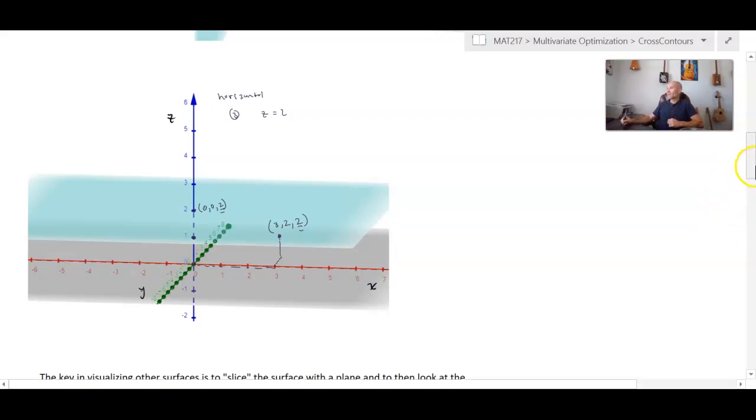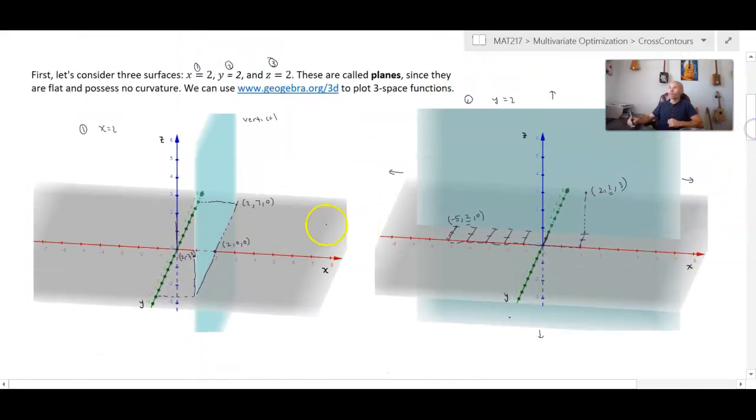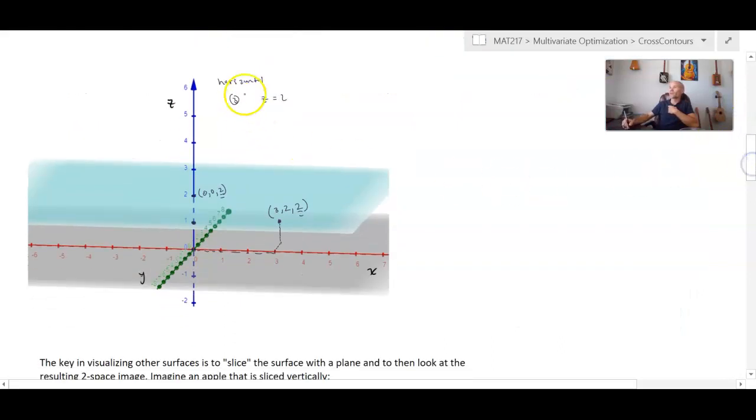So if we fix x, then we're going to get a vertical plane that is perpendicular to the x-axis. This graph here is going to be perpendicular to the y-axis. And the observation we can make here is that this plane is perpendicular to the z-axis.